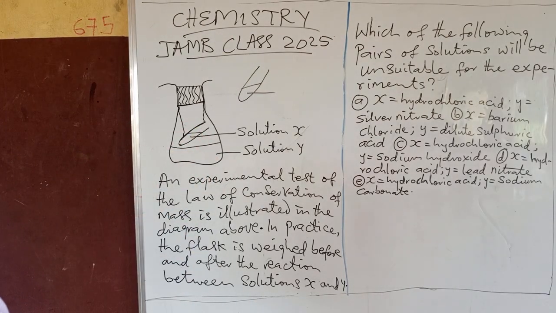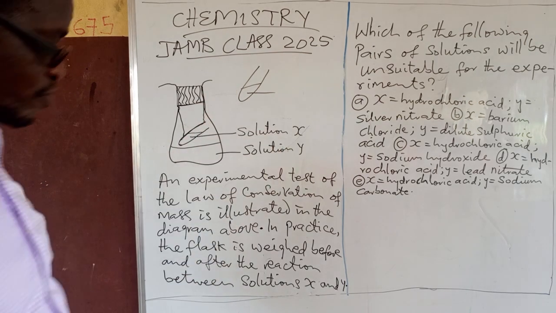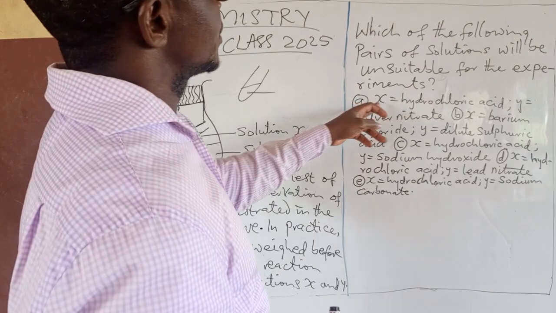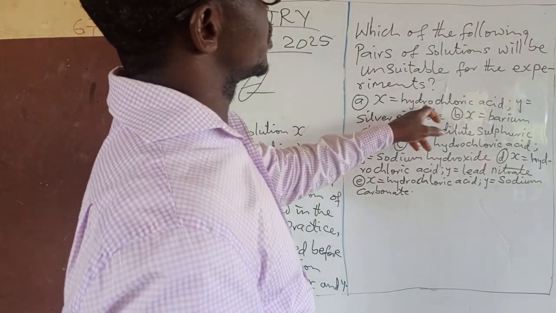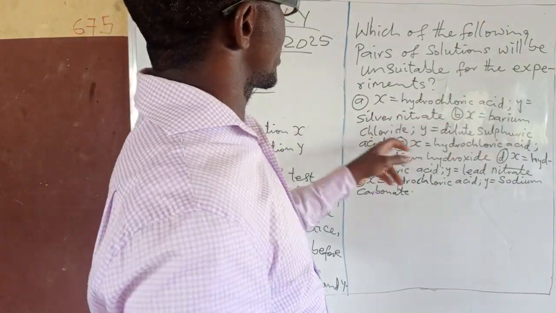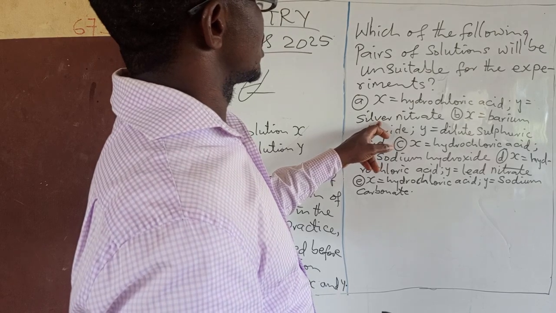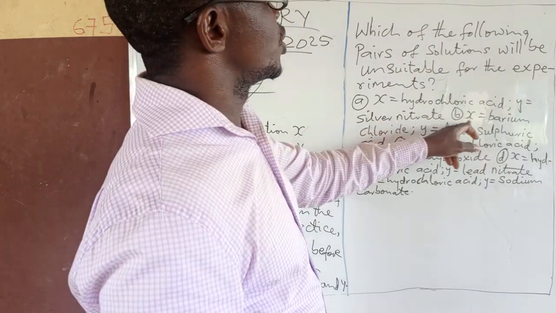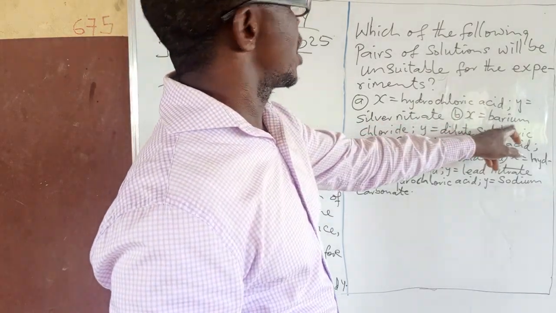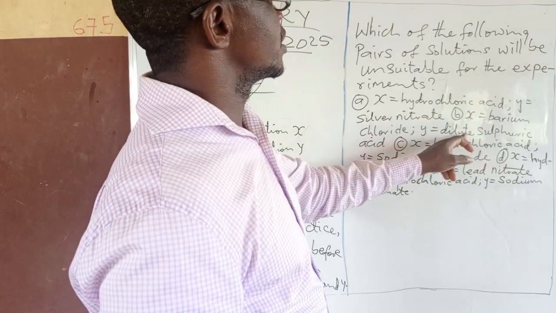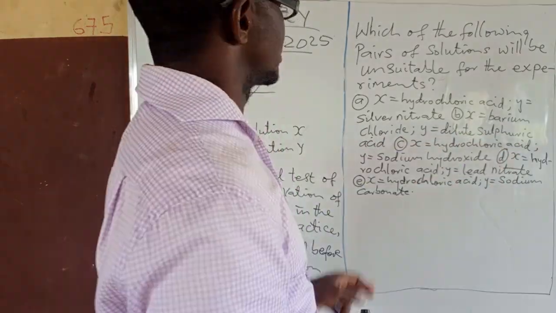Which of the following pairs of solutions will be unsuitable for the experiment? They have given you A, X is hydrochloric acid, Y is silver nitrate. B, X is barium chloride, Y is dilute sulfuric acid.